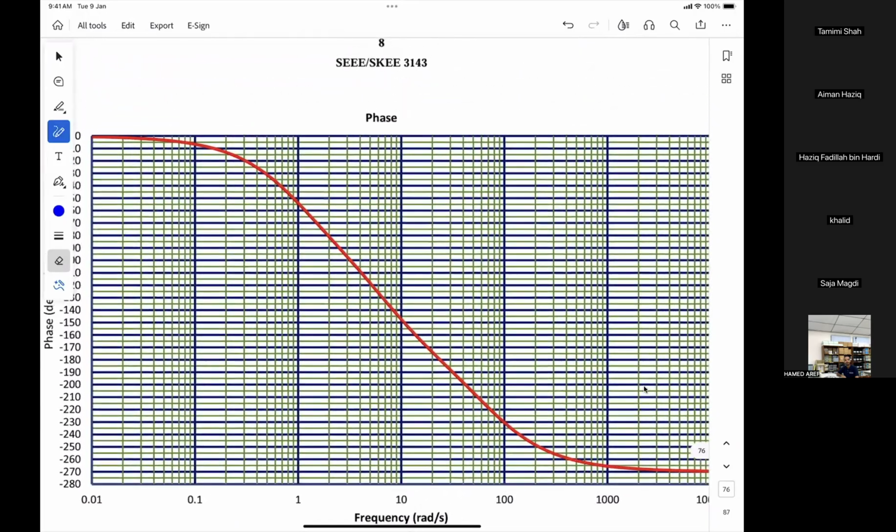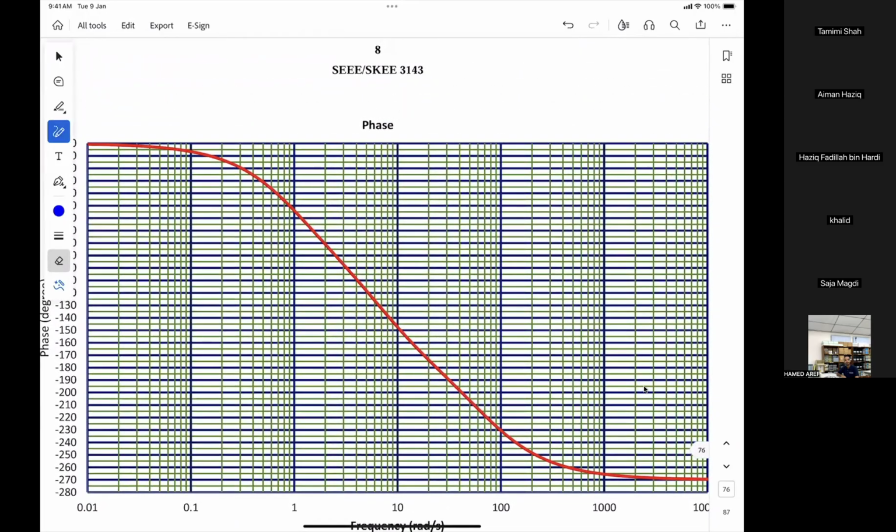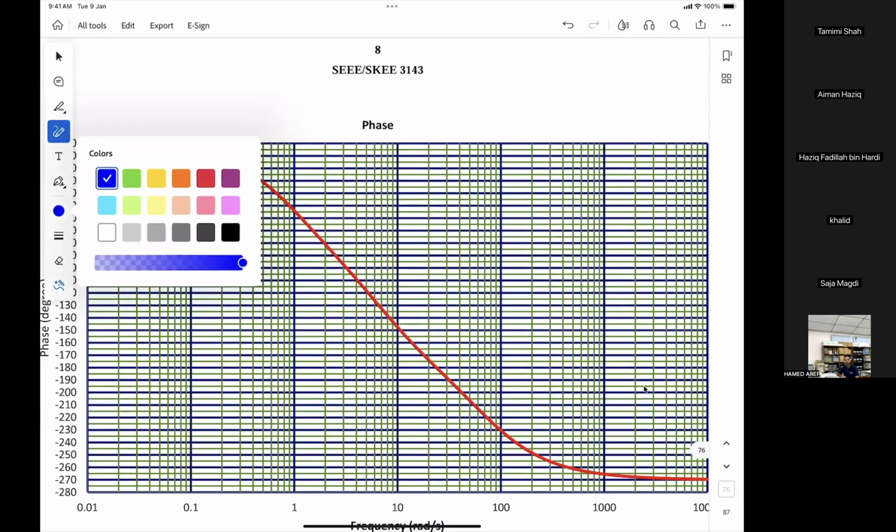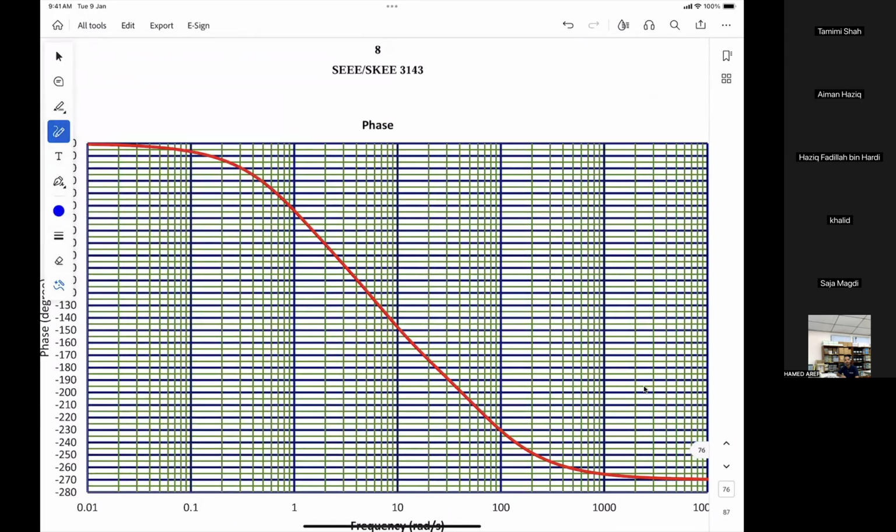Where is it? 155 is here. So this will be your new omega GM. I think it's 12.